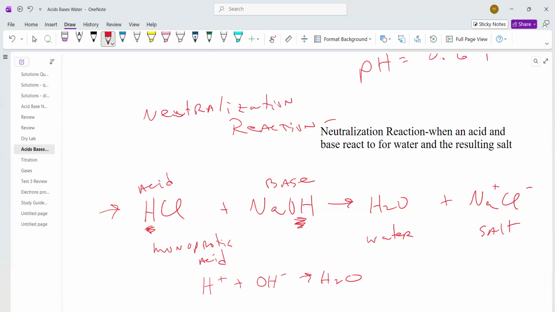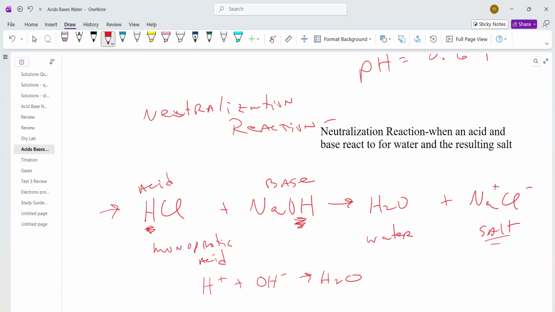And what's left over is called salt. So if you're mixing hydrochloric acid and lye, sodium hydroxide, you'll end up making table salt, with lots of heat. Neutralization reactions give off lots of heat.